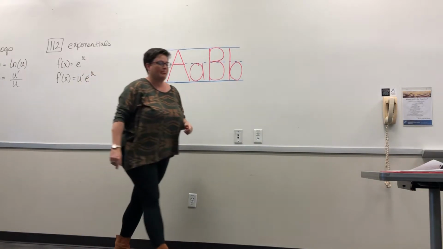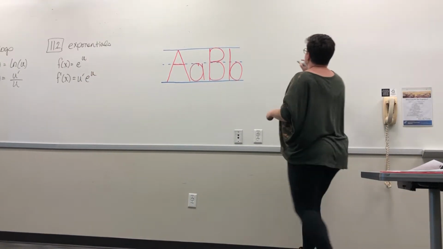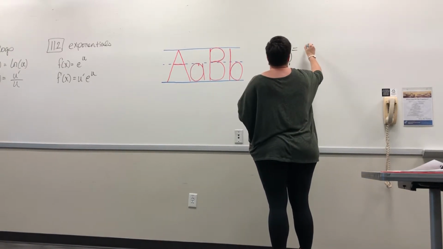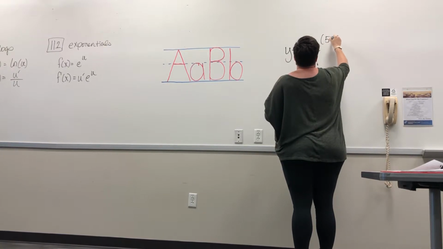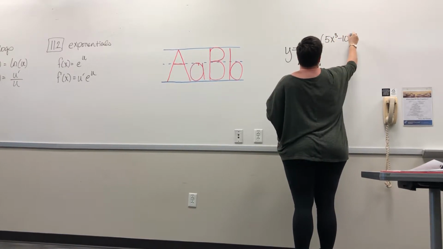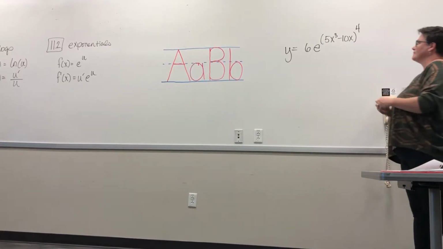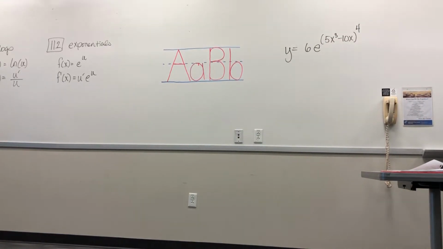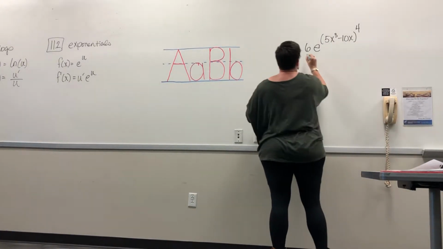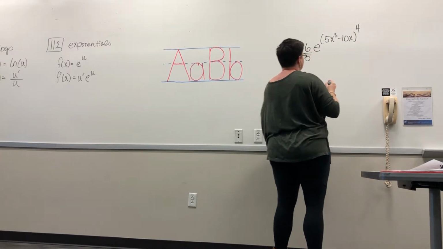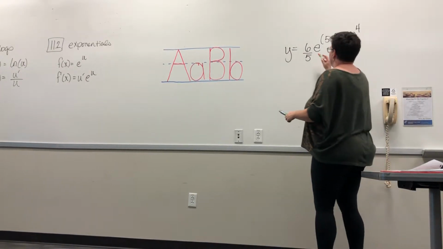Watch me. y equals 6 e to the 5x cubed minus 10x to the 4th. I am being extremely conscious, and I could just make this even worse and divide the 6 by 5, because why not, right?